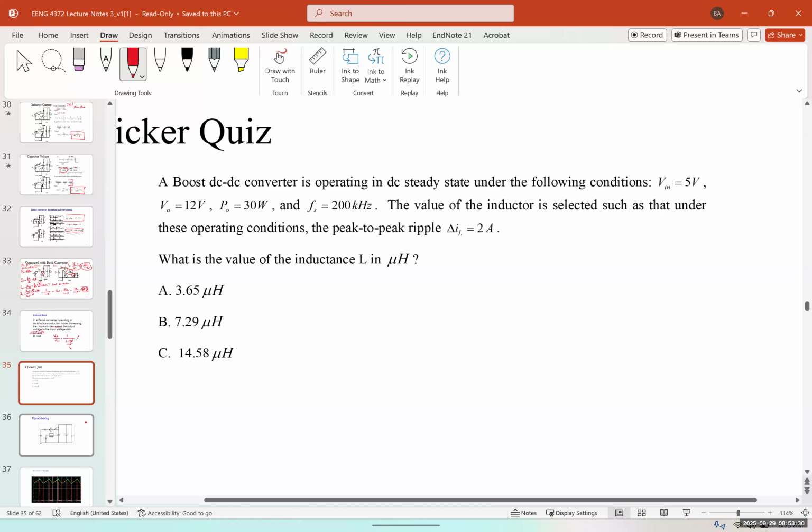Again, I'll give you 5 minutes to think on this. It's going to help you a lot. On the exam, you're going to have something exactly like this. Do you want me to go back to the equation sheet or do you?